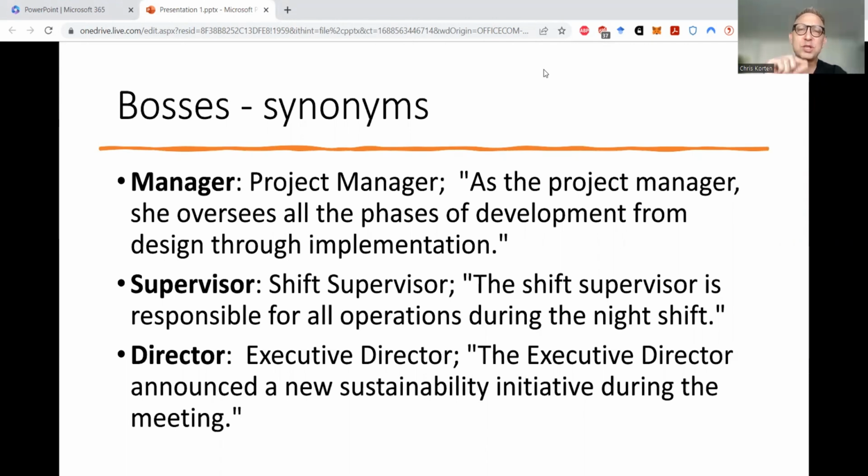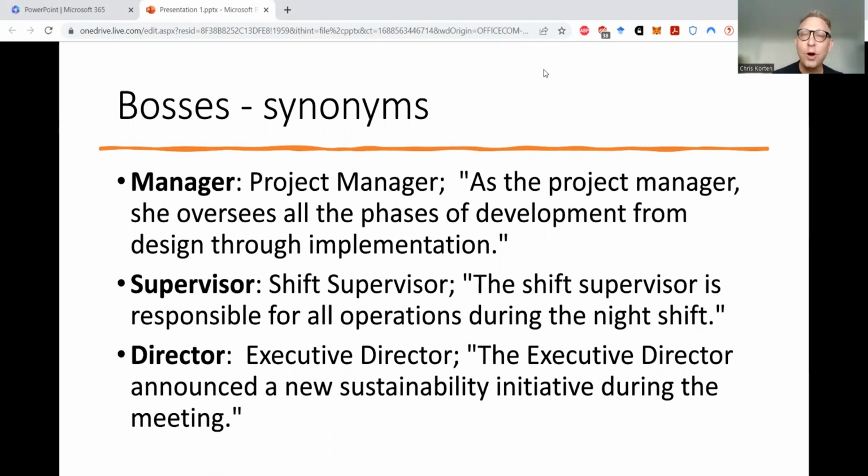But if we want to be more specific, and at the advanced level, we want to be more specific, then I'm going to provide some terms in their most common collocations that you'll want to remember and use. Some of these you obviously already know, but I will add some nuance and flavor that perhaps you might not be aware of. So let's start with manager. Everyone, of course, has heard of manager.